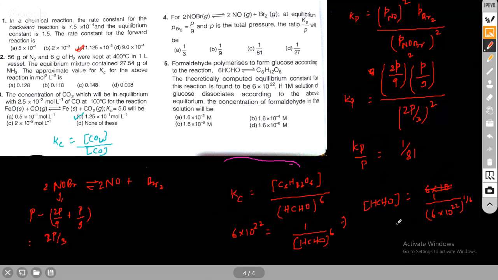So the answer you will get here is option B, 1.6 into 10 to the power minus 4 molar. Glucose is considered a solid, that's why we have taken 1 over there. Option B is correct.